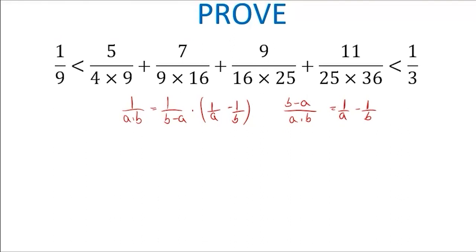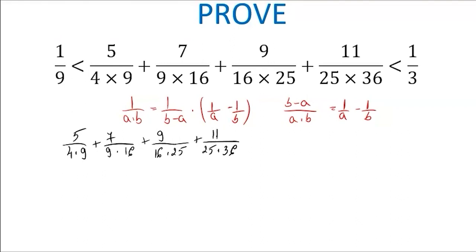And I have 5 over 4 multiplied with 9 plus 7 over 9 multiplied with 16 plus 9 over 16 multiplied with 25 plus 11 over 25 multiplied with 36.